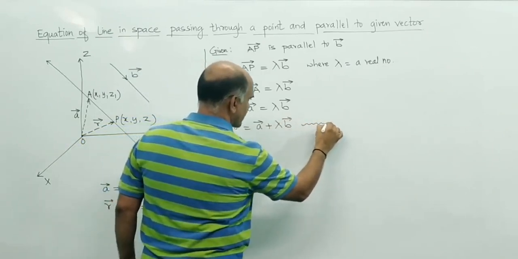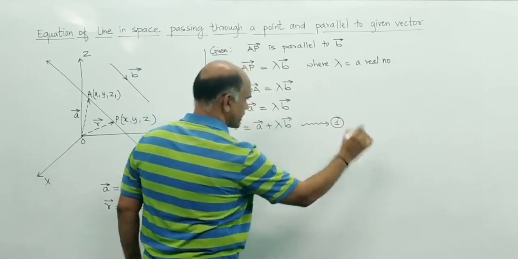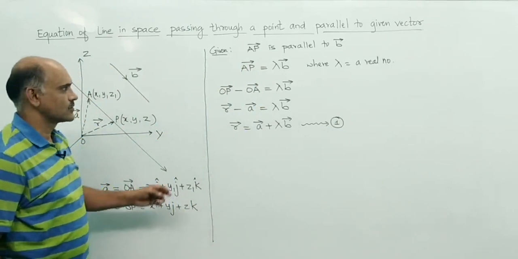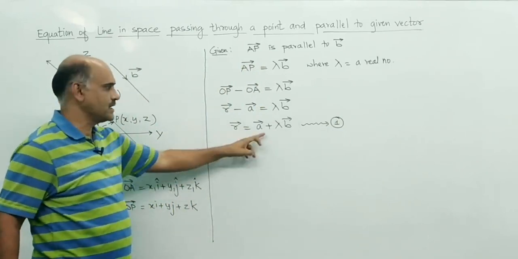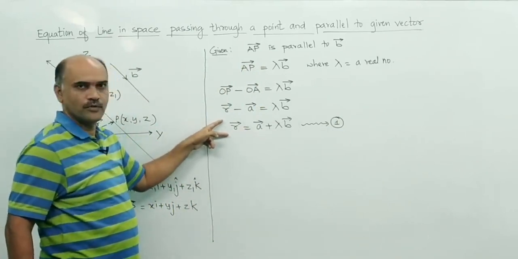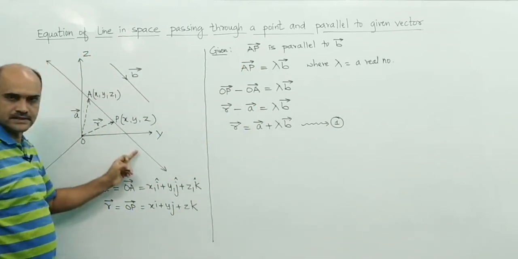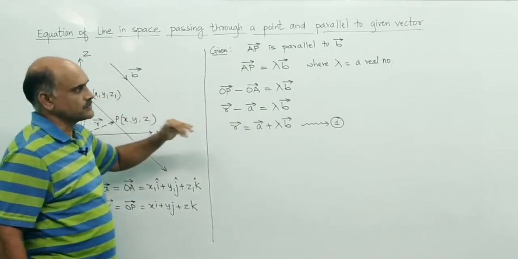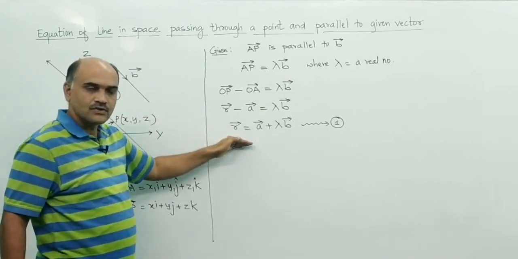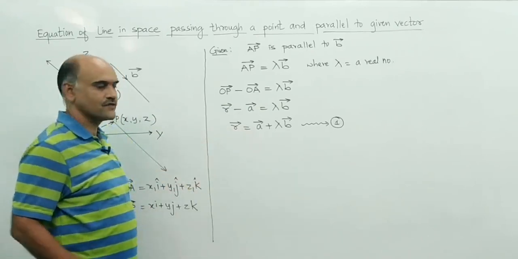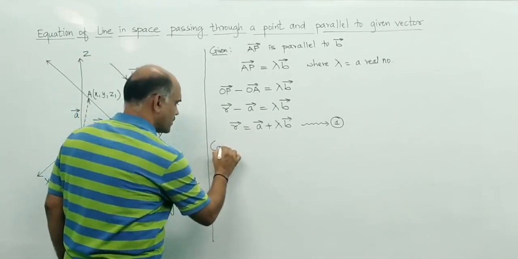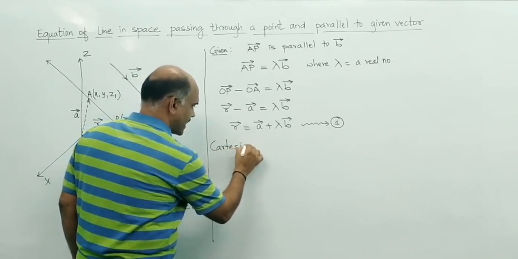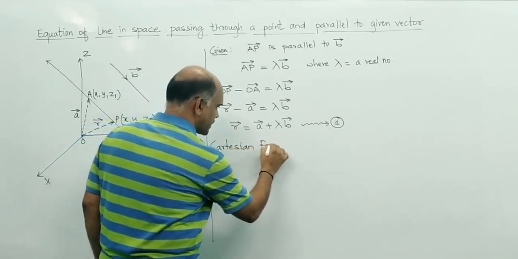So this is the vector form of a straight line, r is equal to a plus lambda b. Now you are required to write this equation of line in Cartesian form.